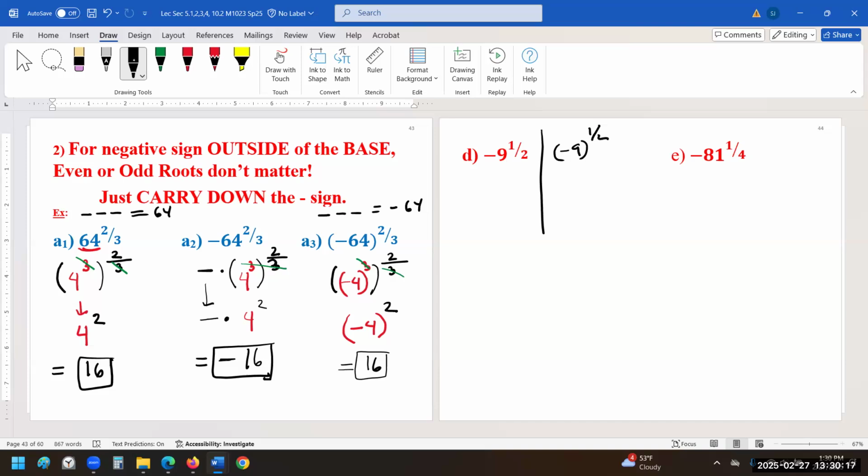The negative without the parentheses or negative inside the parentheses? Without the parentheses. So this one, the negative is extra, you're multiplying, and 1/2 means square root, right? So if you want, you can rewrite a square root. It will help your brain to work faster. What is square root of 9? 3. So negative times 3, the answer is -3.